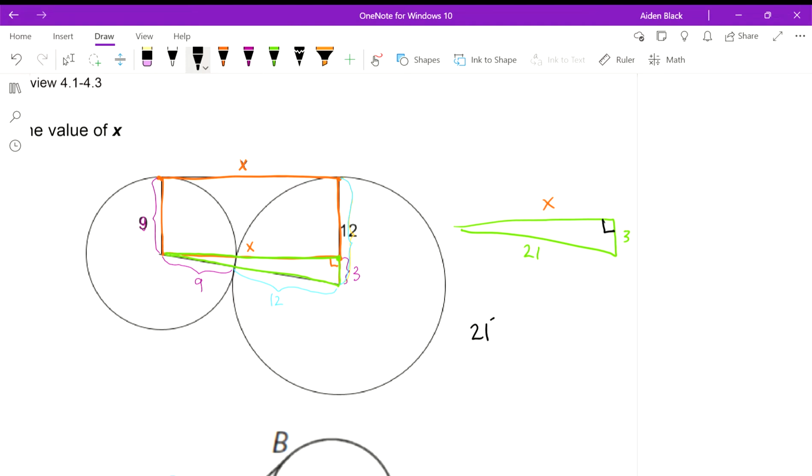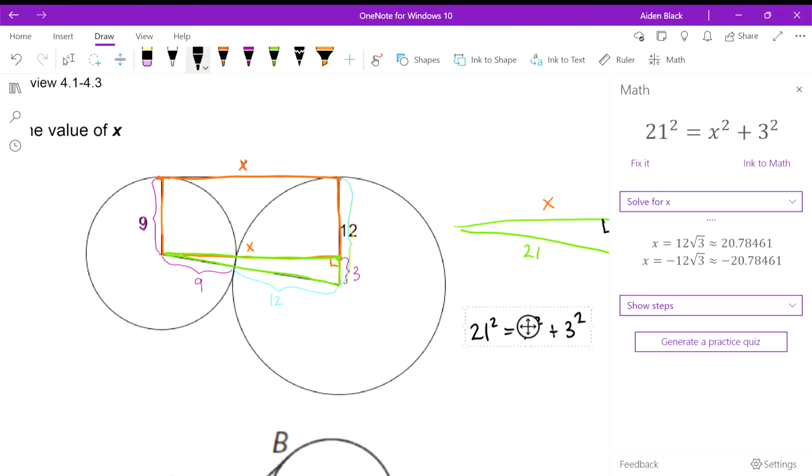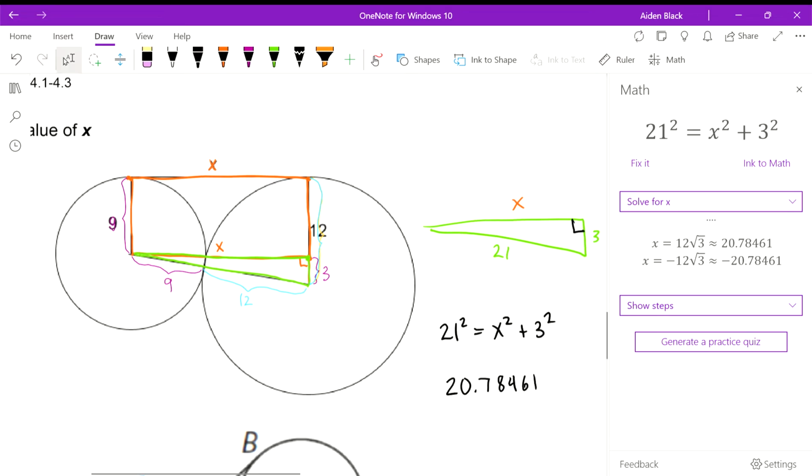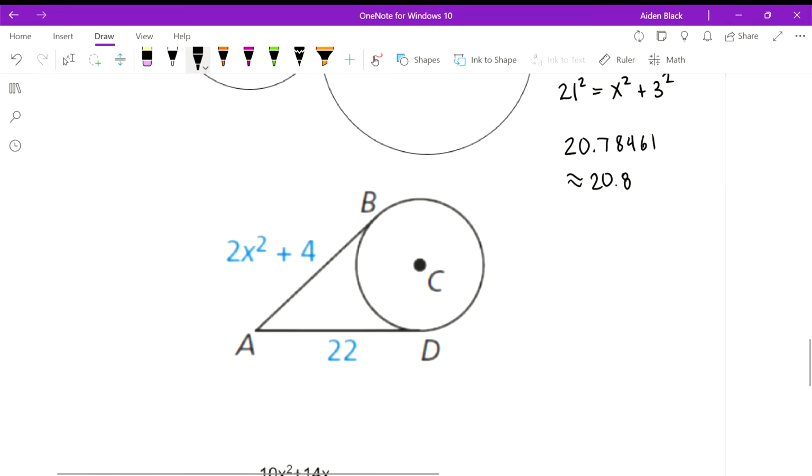So 21 squared is equal to x squared plus 3 squared. Long story short, we get 20.78461, and we'll just round that to 20.8. So there's the value of x there.